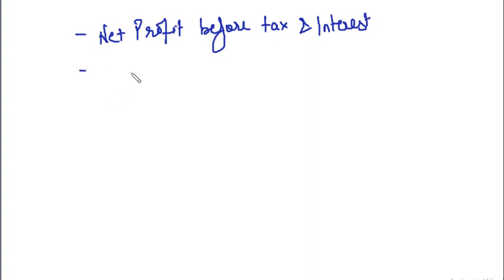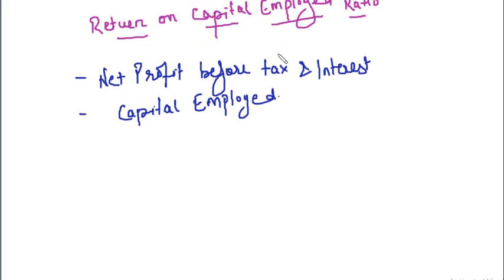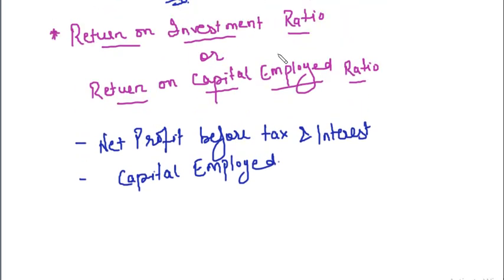And the second is capital employed. So for the return on capital employed ratio, the two financial factors we have to consider are, number one, net profit before taxes and interest, and the second one, capital employed.